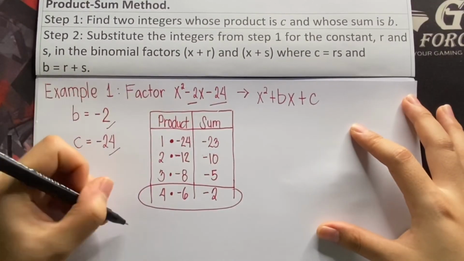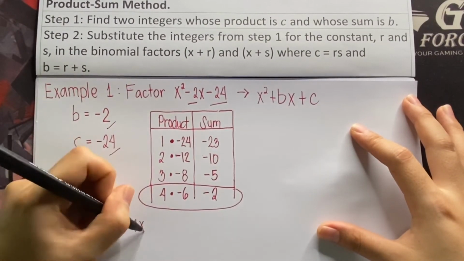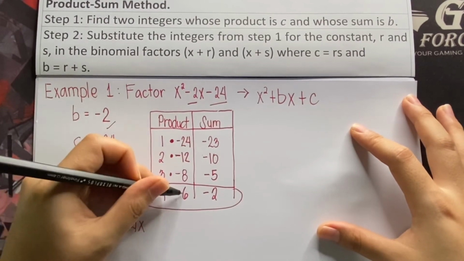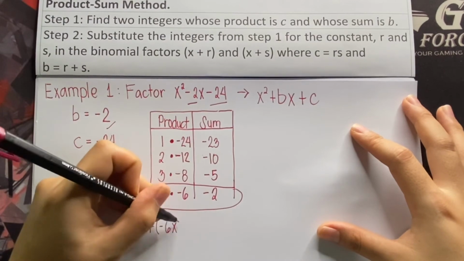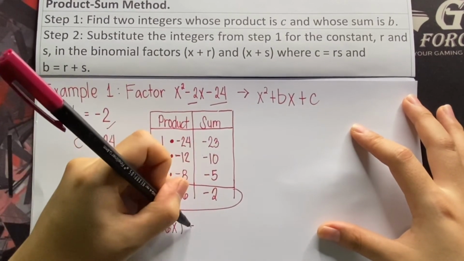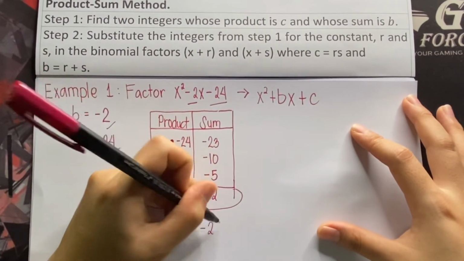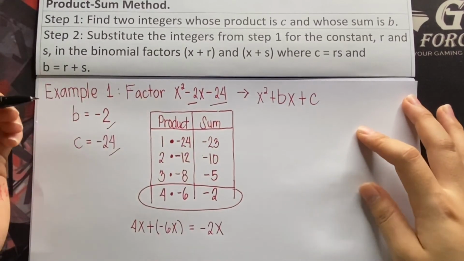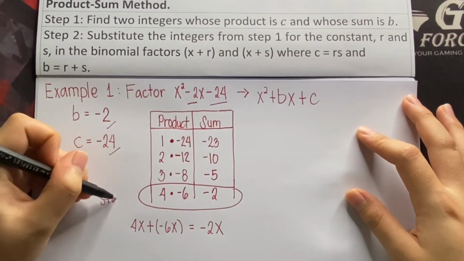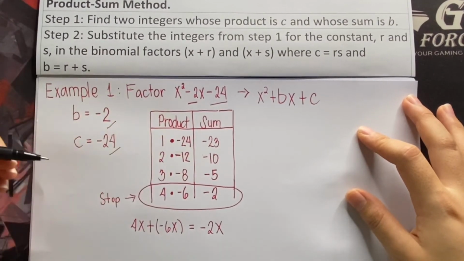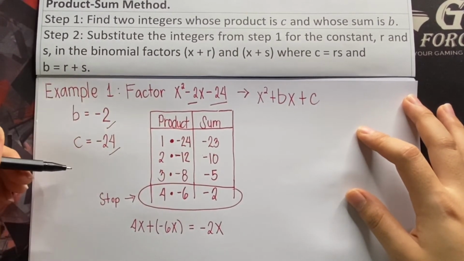So, para mas madali, lagyan natin ng variable x. 4x, then i-plus natin sa negative 6x. Magiging negative 2x. So, pwede ka na mag-stop dito. Kasi nag-satisfy na yung dalawang integers na yan dun sa step 1.